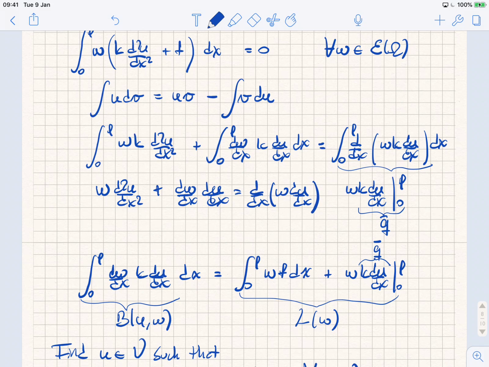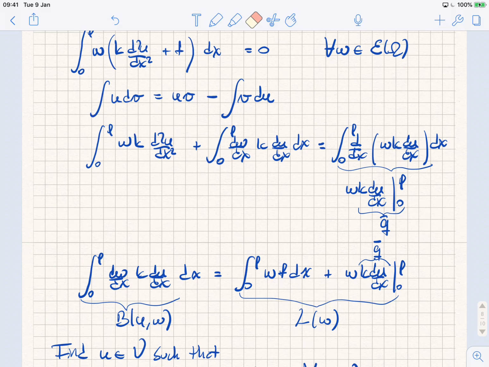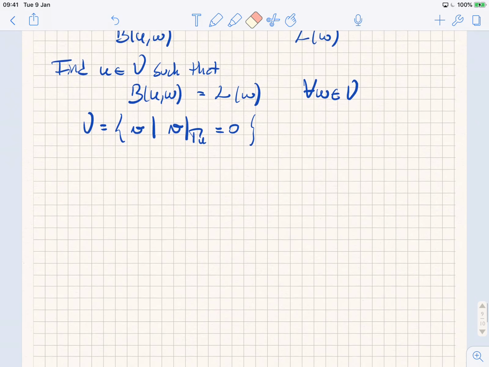That's for me much easier than just identifying terms in integration by parts, and that's how I wrote this. Anyways, you try it and you see it's very straightforward. Any other questions before we move on?